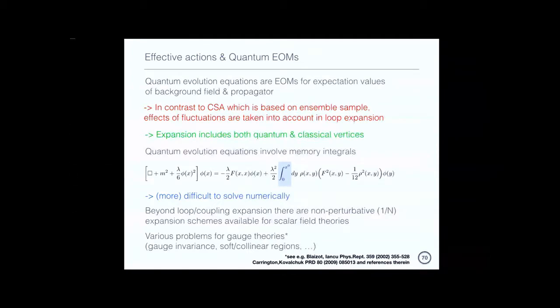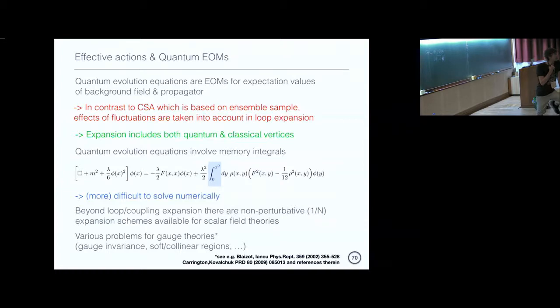Which one? The term in the classical equation of motion, the interaction term, the lambda phi squared term. How do you deal with this? Well, you cannot invert this propagator, right? No. What you do is, the way I've written this is formulated with an initial condition at a time which I set to 0.